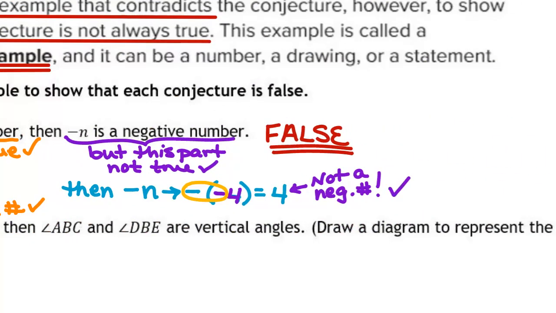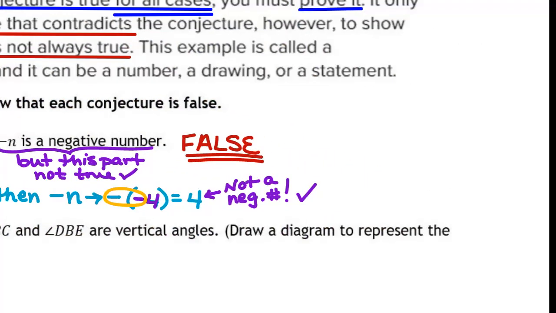So I made the first part of the sentence true. I picked out something that really was a real number. And then I showed that that didn't mean that the second part of the sentence had to be true, because I found an example where it wasn't true. So to put this into a sentence here, -4 is a real number.